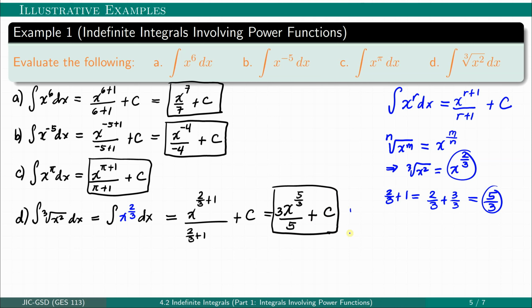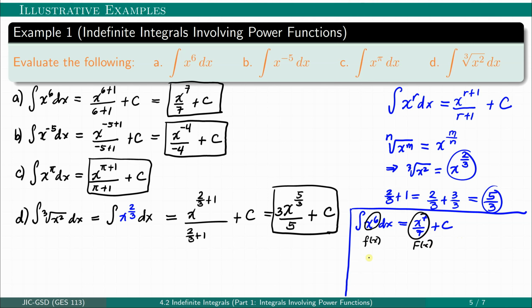Now we just have to take note here that, for example, in the first case, the integral of x to the 6 dx is actually x raised to 7/7 plus a constant c. Now x raised to 6 here is our small letter f, and x raised to 7/7 is our big letter F. So that means F of x is equal to x to the 7/7.